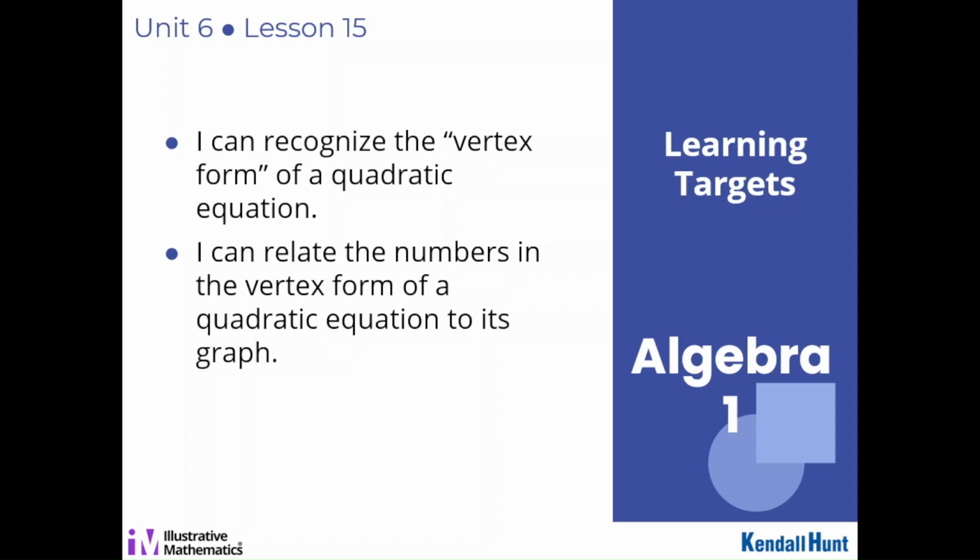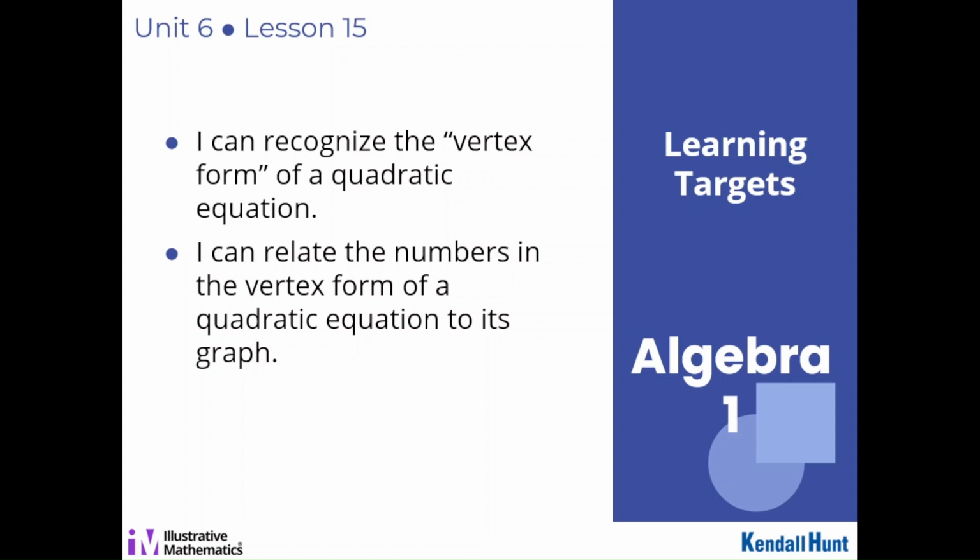And then learning target number 2 says that you can relate the numbers in the vertex form of a quadratic equation to its graph. So just like when we talked about standard form, and we said the c term in the standard form was your y-intercept, just like we said that with factored form, I can set each factor equal to 0, solve for x, and find my x-intercepts.